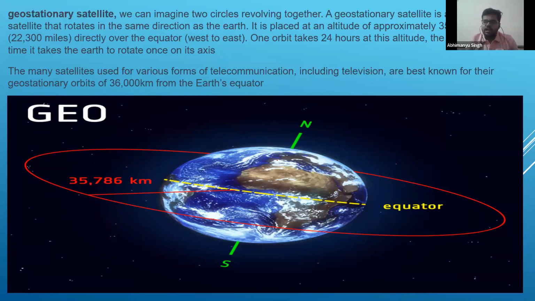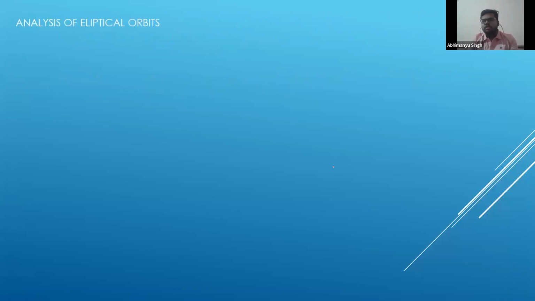Geosynchronous satellites have a time period equal to the Earth's period of rotation, which is 24 hours, but they are not in the equatorial plane; they are in an inclined plane or something like that. They have numerous applications such as television, broadcasting, telecommunication, etc.